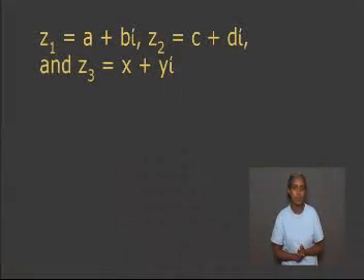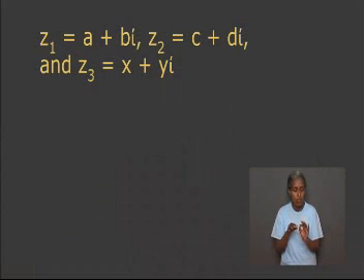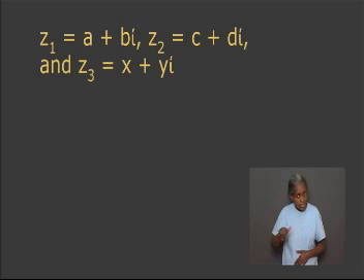Could there be even more properties for us to discover? Observe these three complex numbers. The definitions of Z1, Z2, and Z3 are the same as they were in the last lesson.